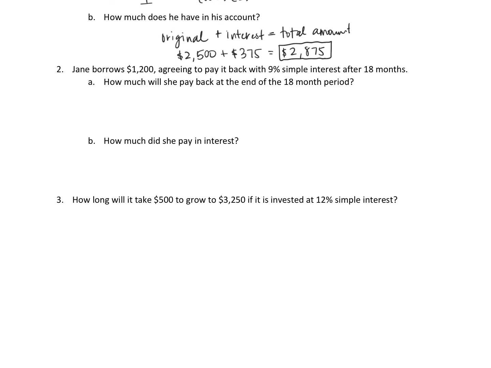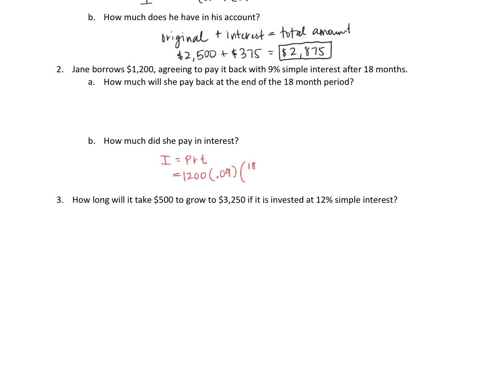How much did she pay in interest? So we have a formula. She borrowed $1,200. The rate is 9%, so that's 0.09 as a decimal, and the time is 18 months. Now remember that this needs to be in years, and it's very simple to change it.